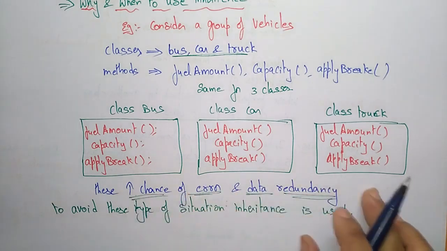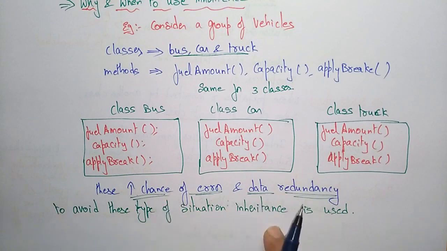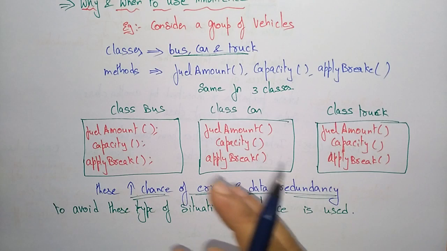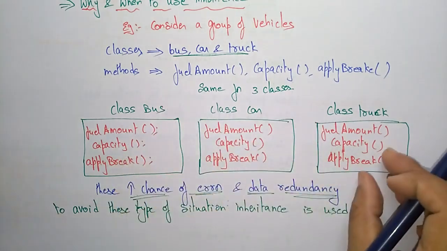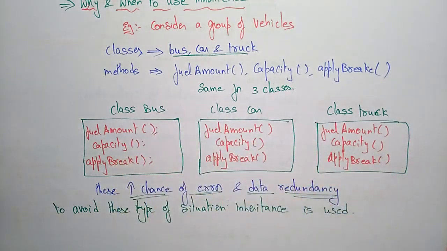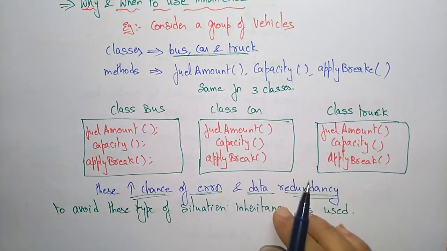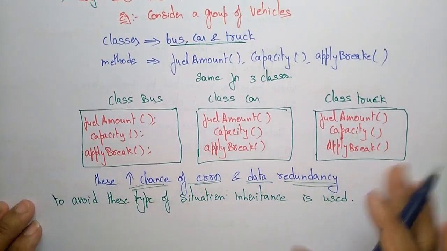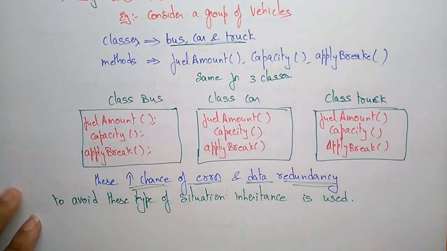To avoid these problems, we use the inheritance property. Whenever you are using the same code for all the classes, you just use the inheritance concept, without data redundancy and the chances of errors.